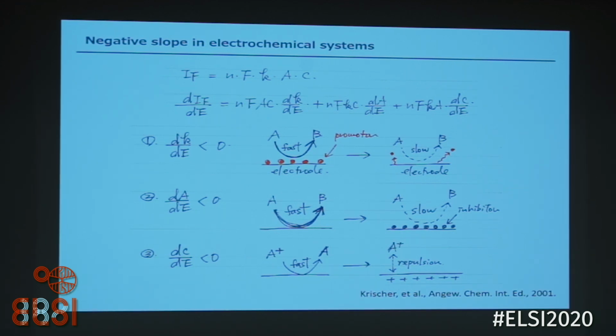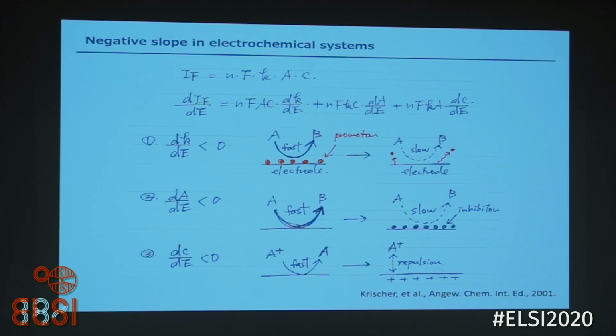So there are three possibilities to have a negative slope. One is dk over dE is negative. This corresponds to the situation shown here. If we have a promoter, a catalyst for accelerating the reaction, and with increasing potential the catalyst is removed from the surface, the reaction rate will be slowed down. This is the case for the first.